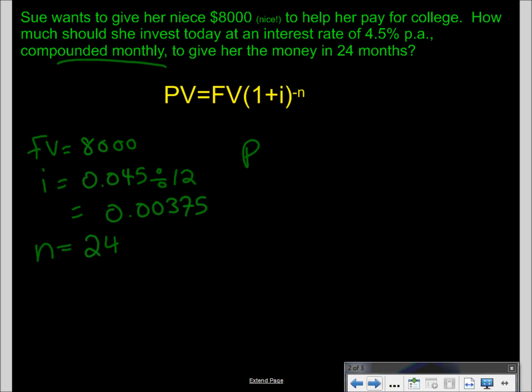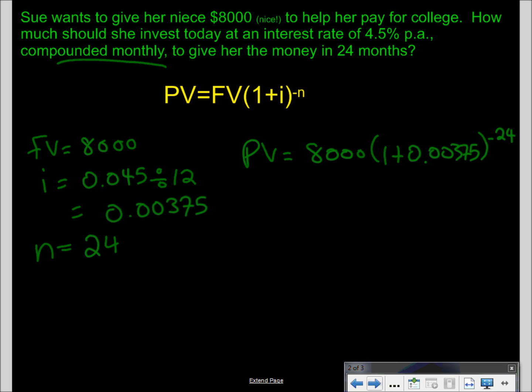So I have present value is now equal to 8,000 times (1 plus 0.00375) to the exponent negative 24. So just your exponent in this equation is changing, and your multiplier is now the value you want in the future instead of your present, okay?